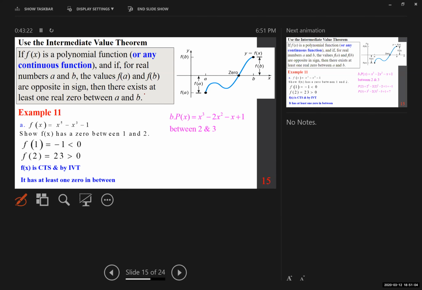So when you plug in 2, you get 2 cubed, 8 minus 2 times 2 squared is also 8. They cancel each other. Minus 2 and 1 is negative 1. Agreed? When you plug in 2, you get negative 1. Does that make sense?